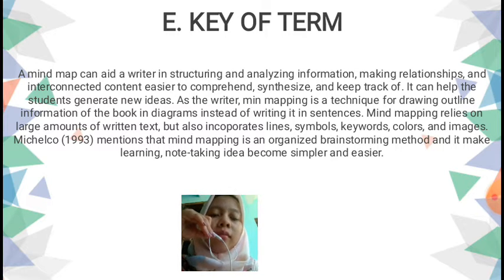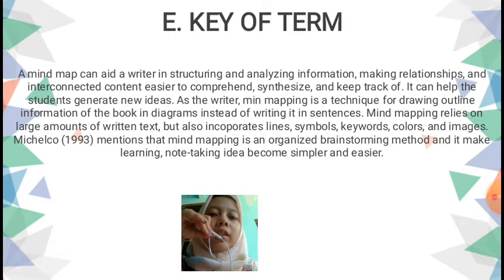Key terms. A mind map can aid a writer in structuring and analyzing information, making relationships and interconnected content easier to comprehend, synthesize, and keep track of. It can help the student generate new ideas. As a writer, mind mapping is a technique for drawing outline information of the book in a diagram instead of writing it in sentences.